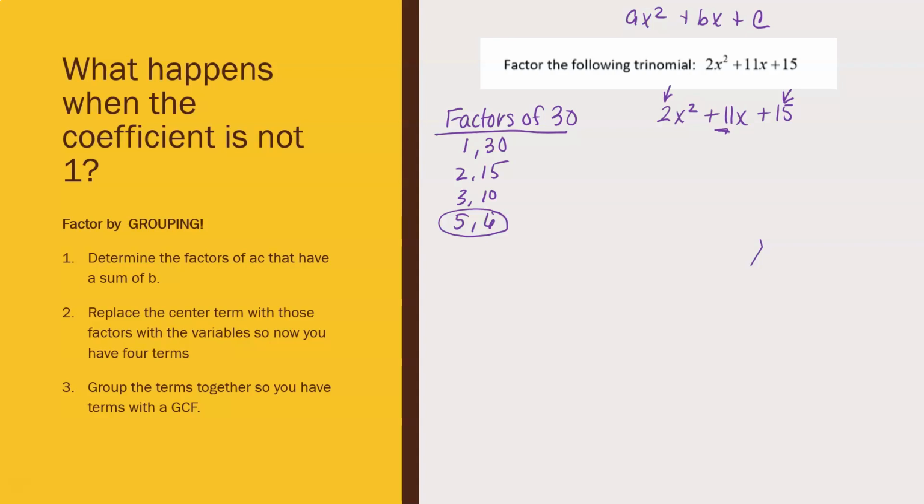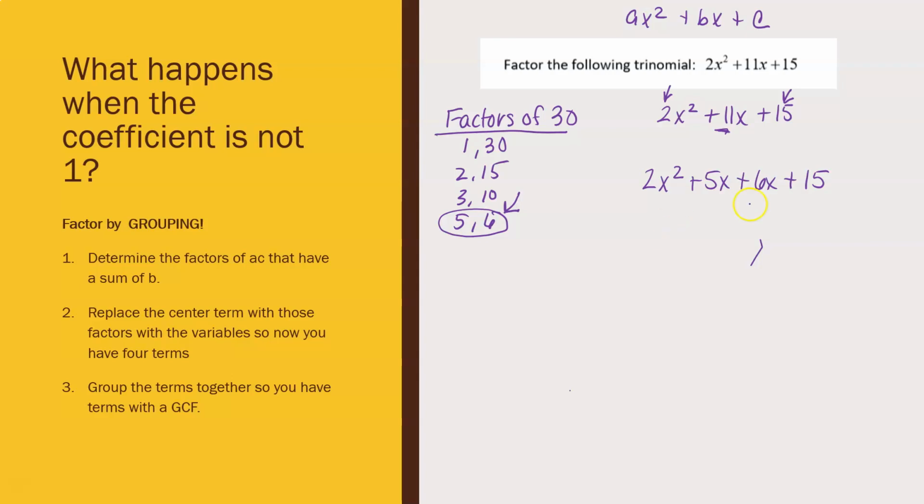Now we're going to rewrite that whole thing, replacing that center term, that 11x, with these 2. So I have 2x squared, and instead of that 11x, I have plus 5x plus 6x plus 15. I got them right here, and I wrote them with the variable. Sometimes this is called the split term method because we're splitting that middle term up into factors.